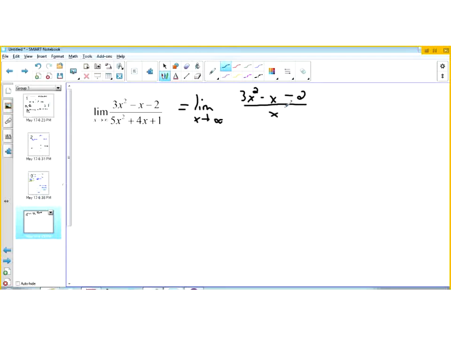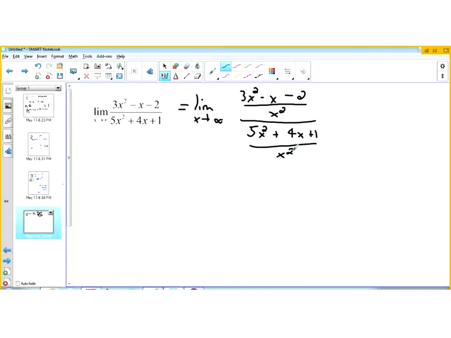So if I do this, now I divide the denominator by x squared. So I can do this. I haven't changed the function. It's still the same function. If I divide upstairs by a quantity and downstairs by the same quantity, I haven't changed the function.